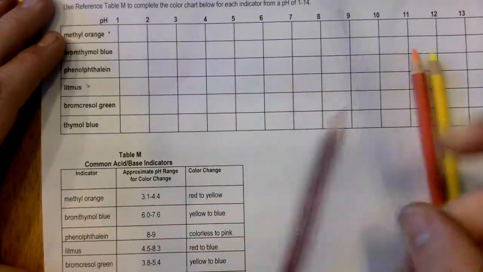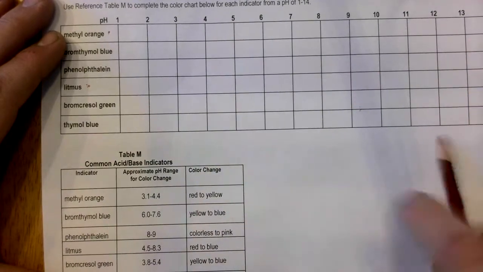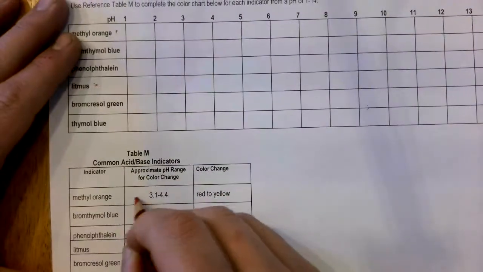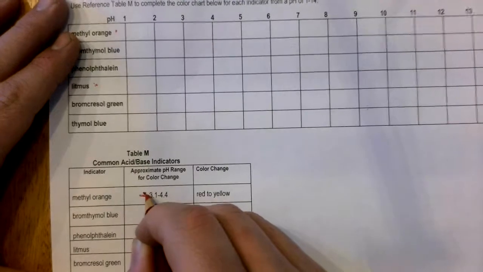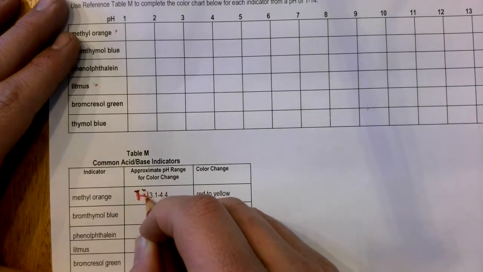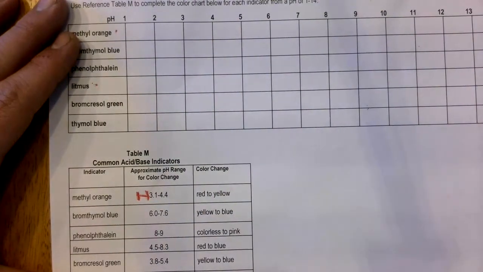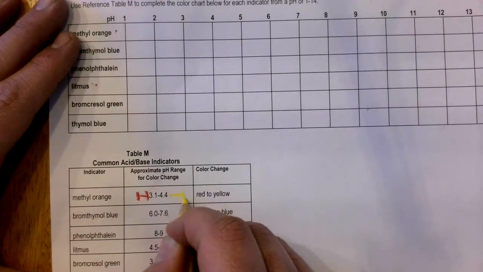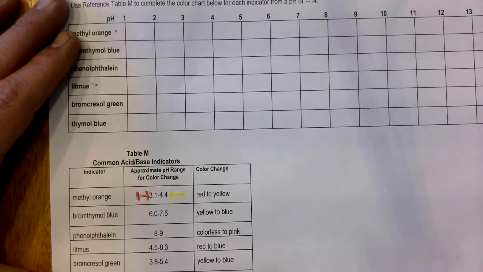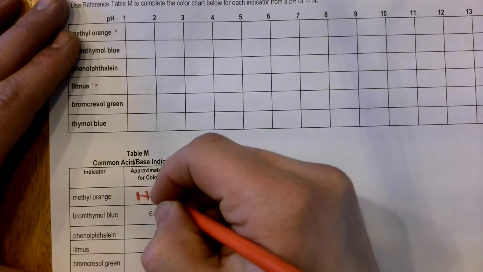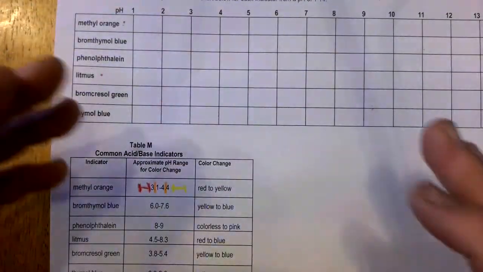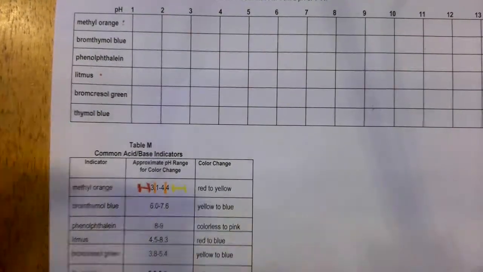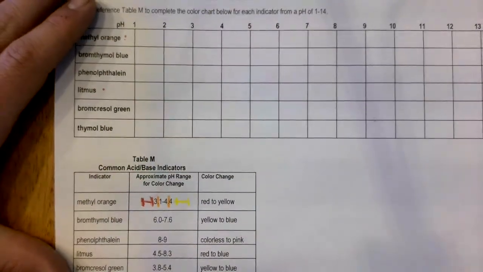I take the information I've already taught you, which was everything leading up to 3.1 is going to be red, and everything after 4.4 is going to be yellow, meaning everything in between 3.1 and 4.4 is going to be the color change from red to yellow, which is orange. And then I just make the colors on here.